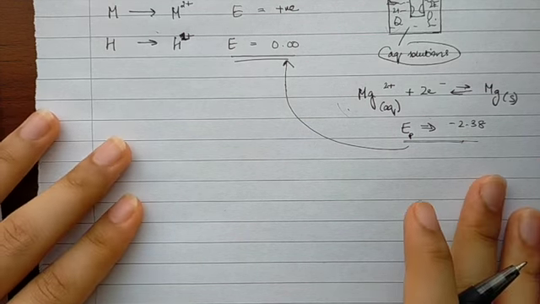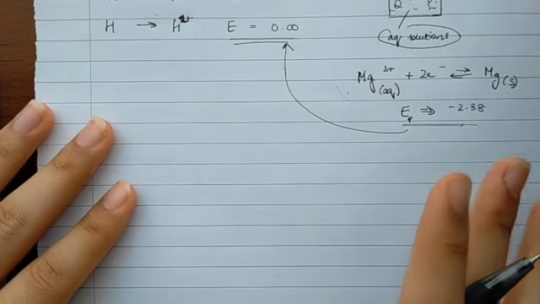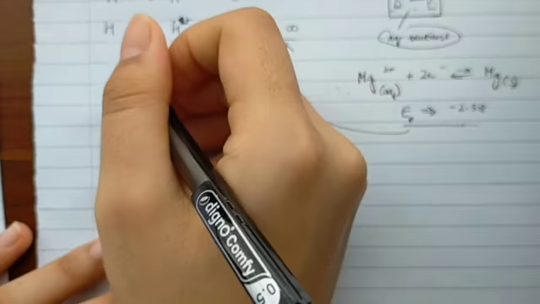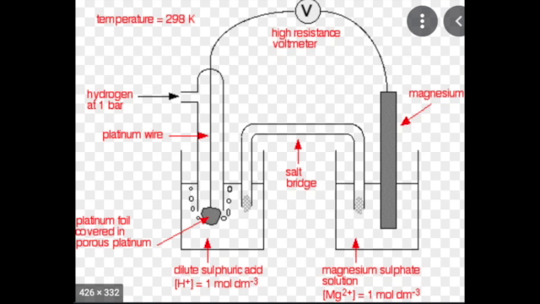Now, the standard hydrogen electrode is what you need to know in your syllabus, and here is a good example of it. You need to memorize this for your exam, how to draw it and what to label.